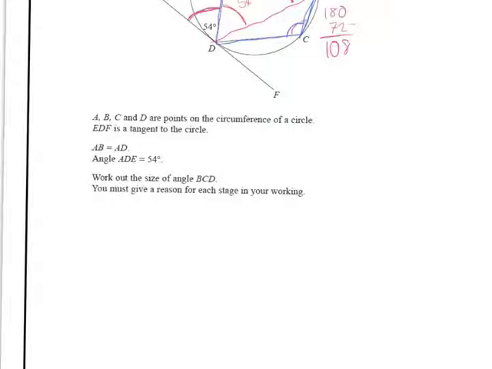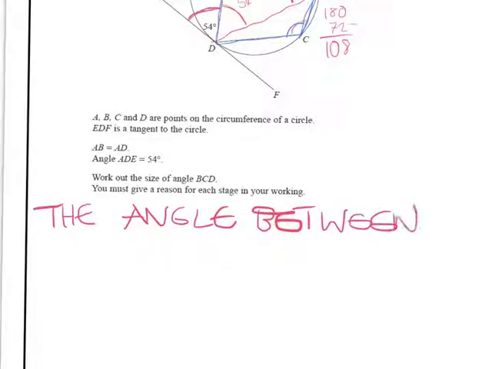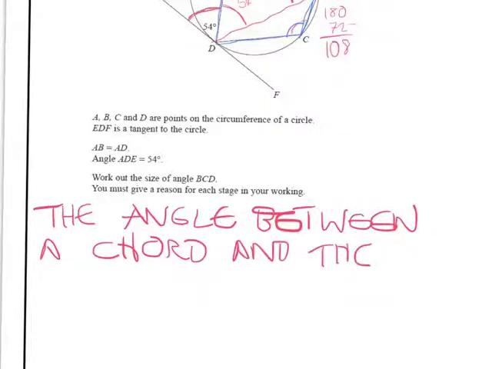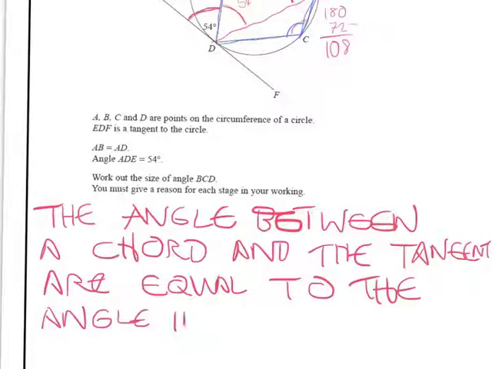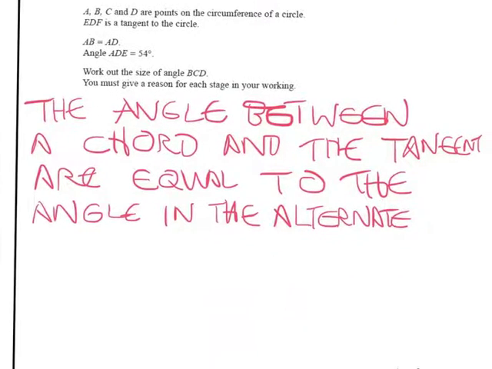Now the alternate segment theorem is the angle between a chord and the tangent are equal to the angle in the alternate segment.